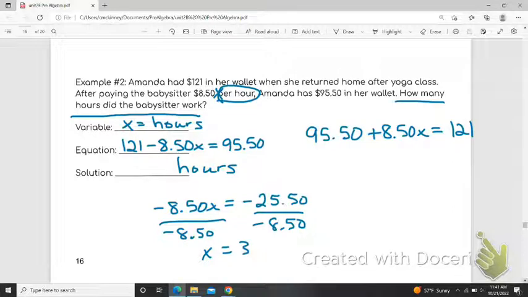Now, if I was tempted to say negative 3, that doesn't really make sense. We can't babysit for negative 3 hours. The babysitting might be a horrible experience, but it's still a positive number of hours. So 3 hours would be my answer.